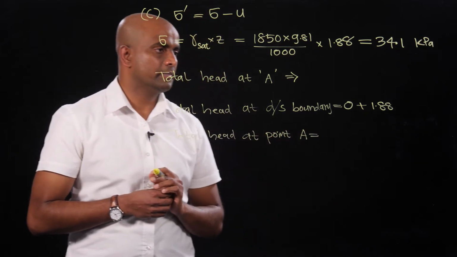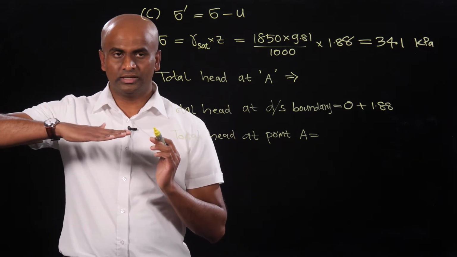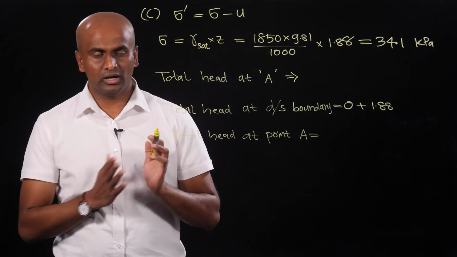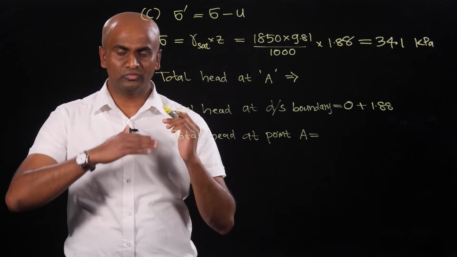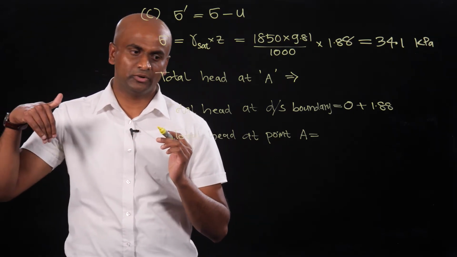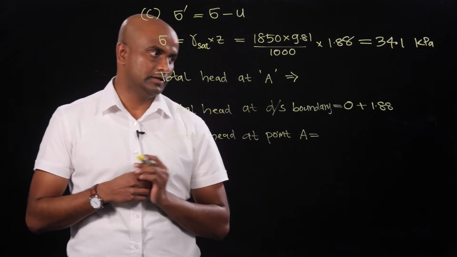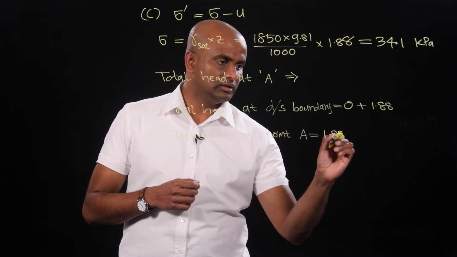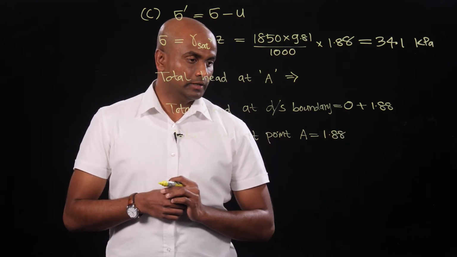we know that the total head decreases from the upstream boundary towards the downstream boundary. So in the opposite direction, from the downstream boundary towards the upstream boundary, the total head increases. At the downstream boundary, you have 1.88 meter total head.